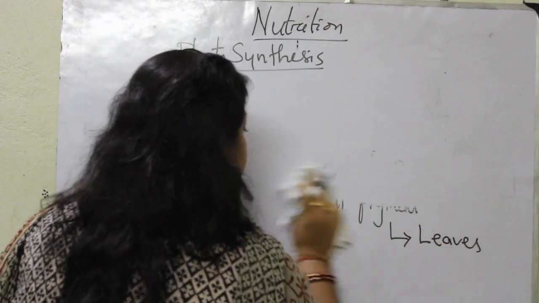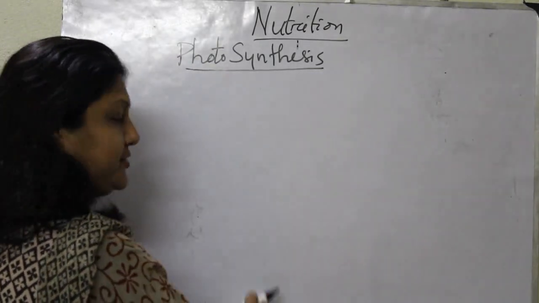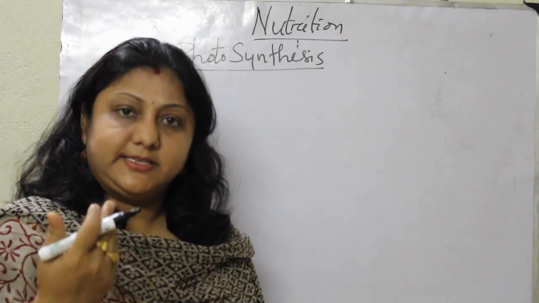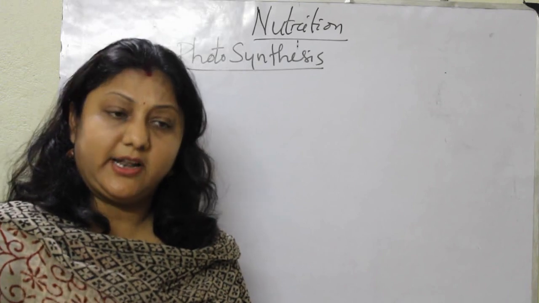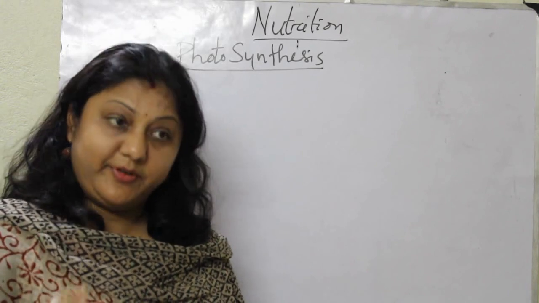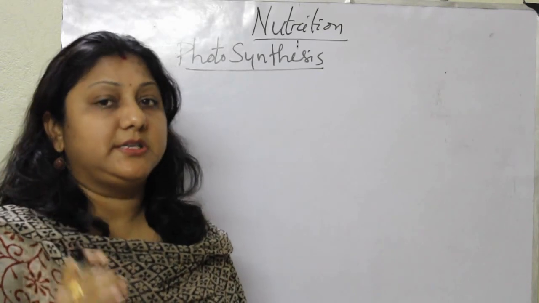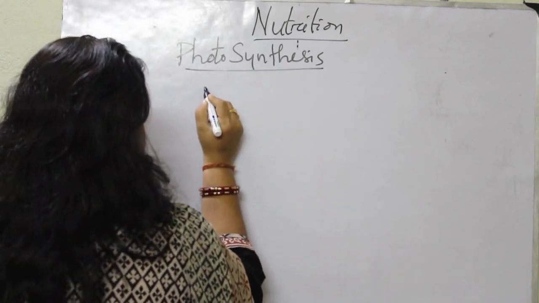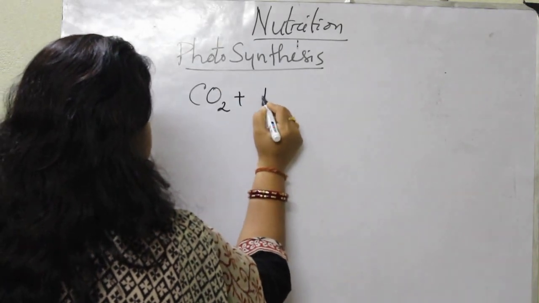Now what is the equation of photosynthesis? How can we write it? Carbon dioxide, when it is combining with water in the presence of sunlight and inside the chlorophyll, or by utilizing the chlorophyll pigment, it produces the carbohydrates. So we can write CO2 plus water.